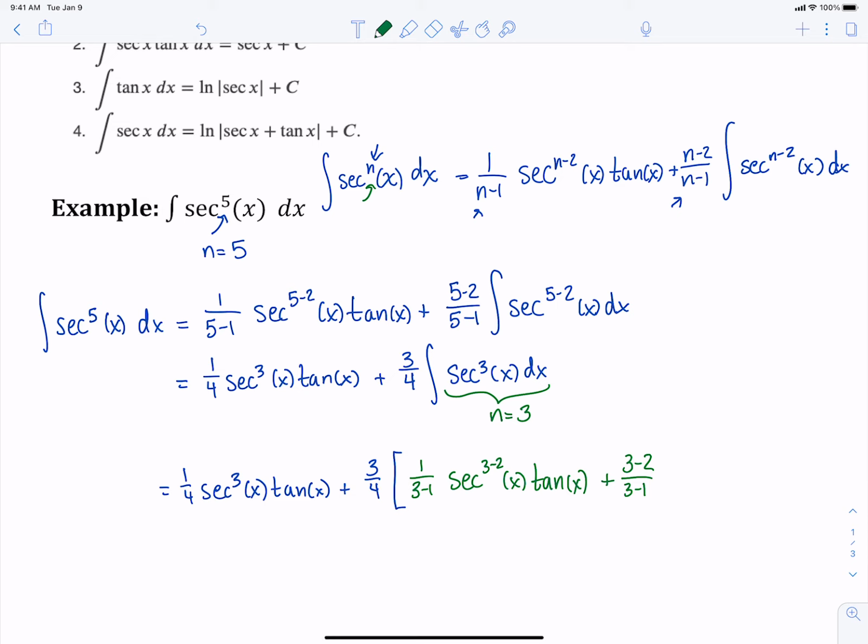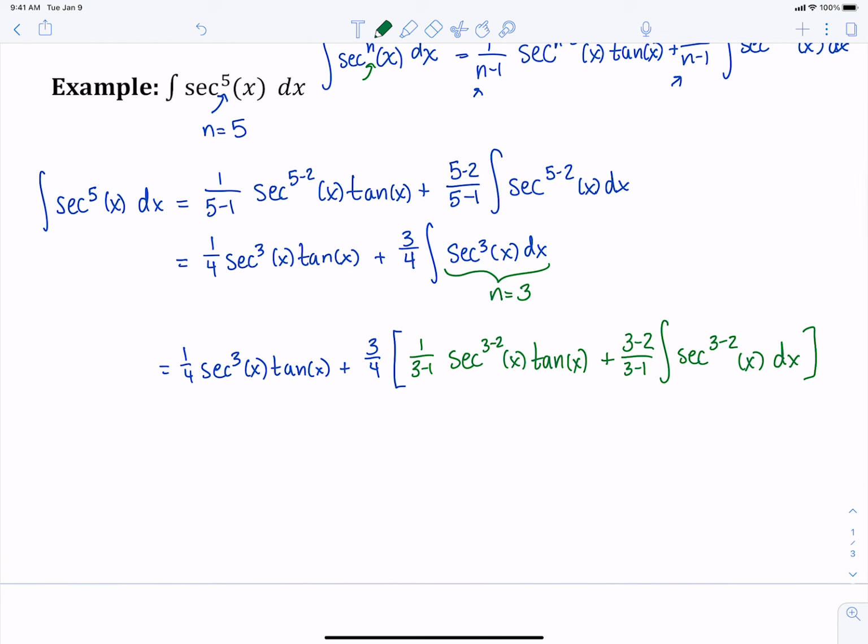So 3 minus 2 over 3 minus 1, and then secant 3 minus 2 of x dx. Okay, so what do we have here? So again, this blue part, I literally should just copy and paste this because that's all we're doing. Copy, paste. There we go. We don't need to write that again.